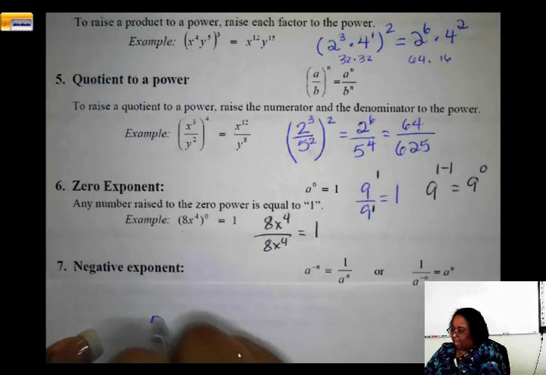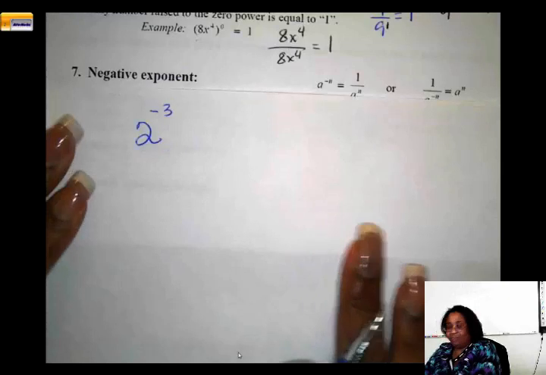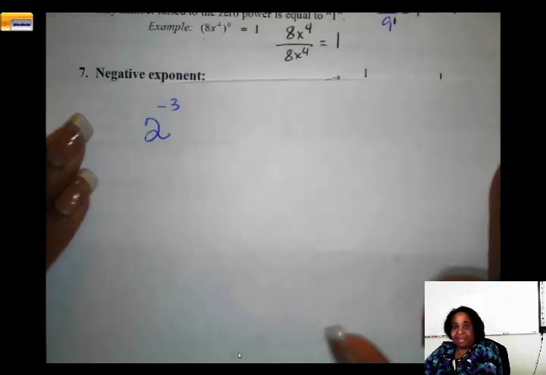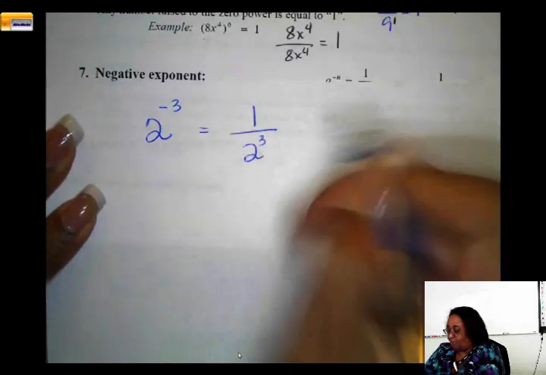If I have 2 to the negative 3, two to the negative 3 is the same as saying, okay, I have 1 over 2 to the 3rd.